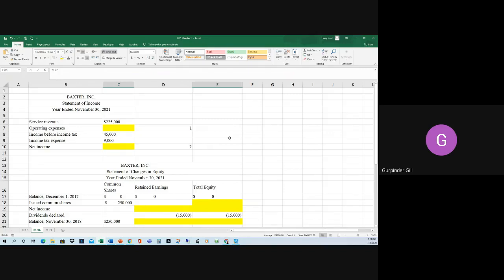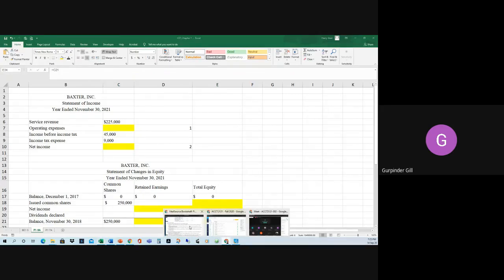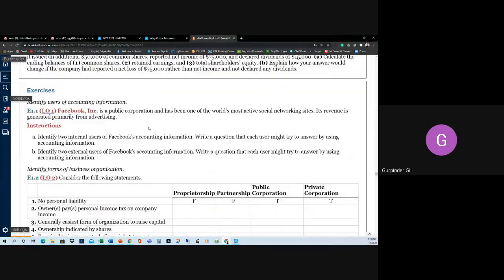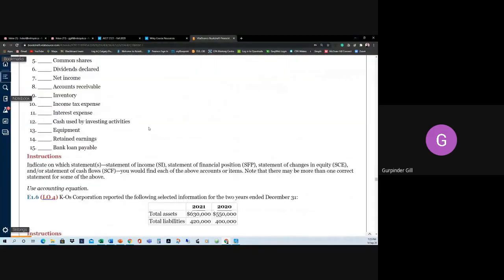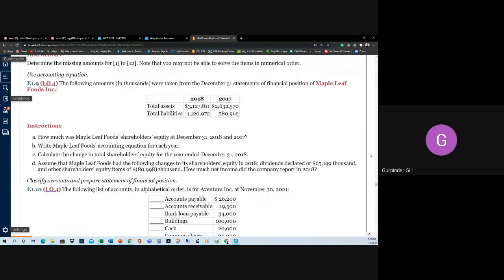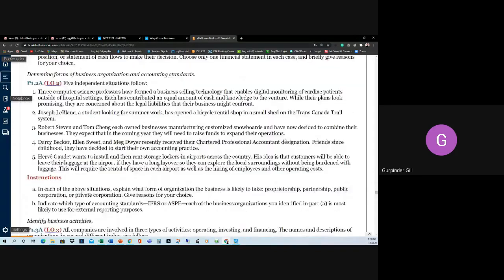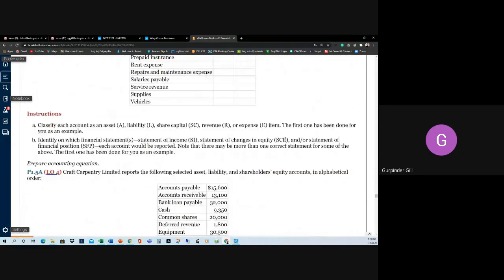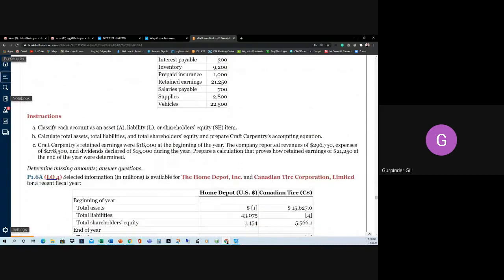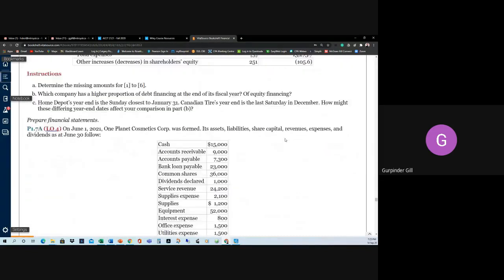Okay, so we are looking at P1-9A. I have brought the information onto my Excel. And while I'm looking at that, just a quick word of advice. For any of you guys who are looking to pursue further courses in accounting, do make sure to spend some time on Excel.